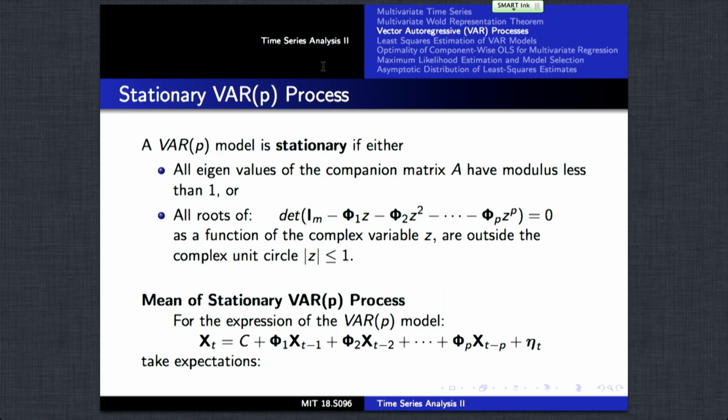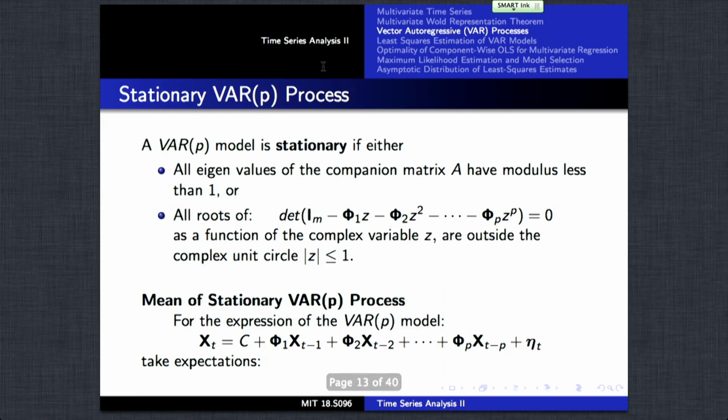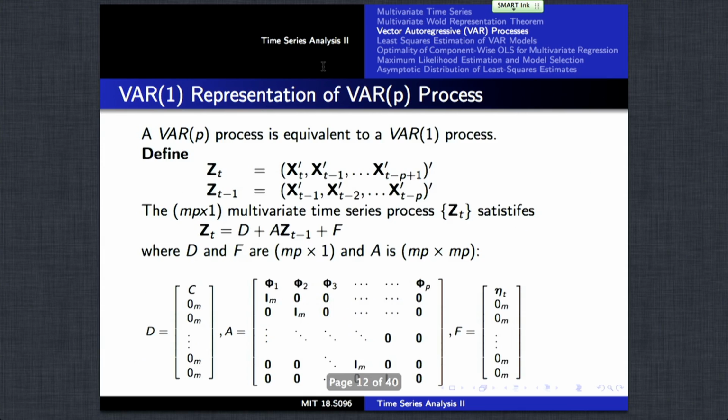Now with this representation, we can demonstrate that the process is going to be stationary if all eigenvalues of the companion matrix A have modulus less than 1. Let's go back to that expression.